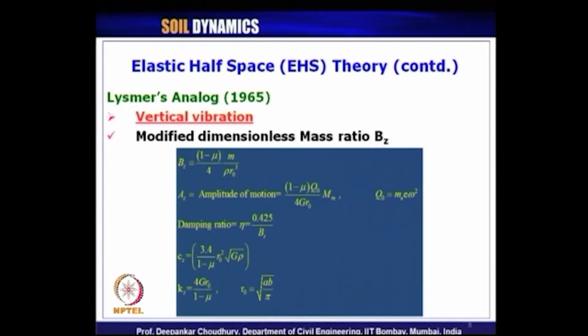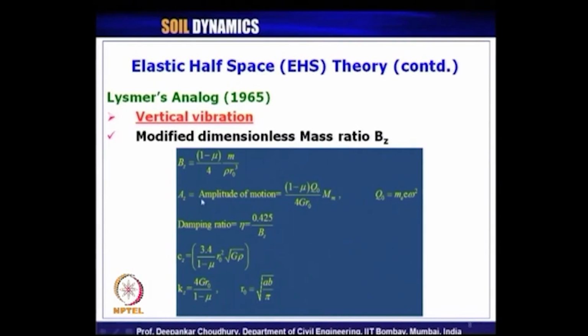So, the Poisson's ratio factor, with different Poisson's ratios and whatever changes, is already inside the expression of B. So, no need to plot different values of small f1 and f2, the Reisner displacement functions. We can get a single displacement function F1 and F2 as given by Lysmer.